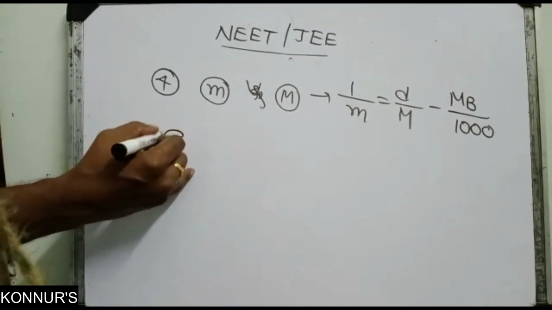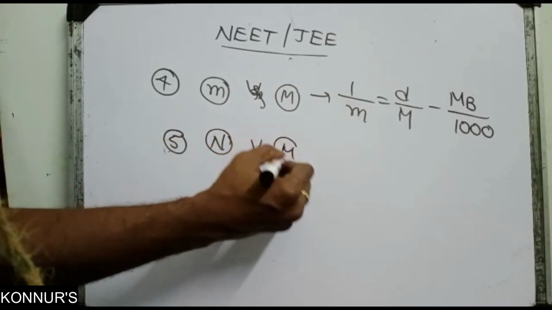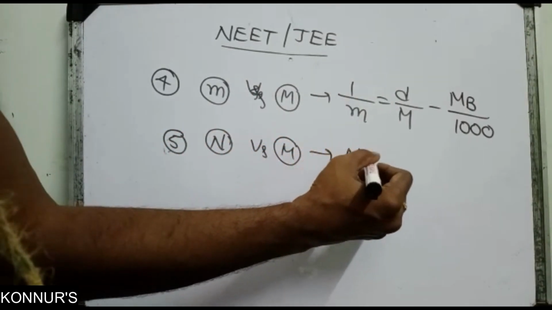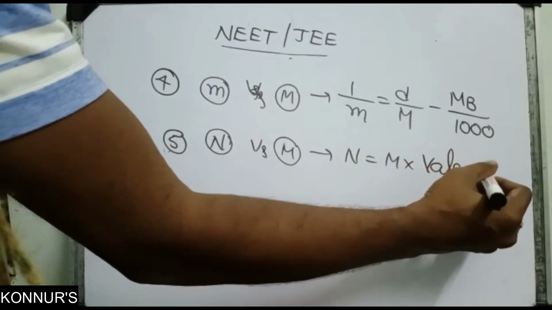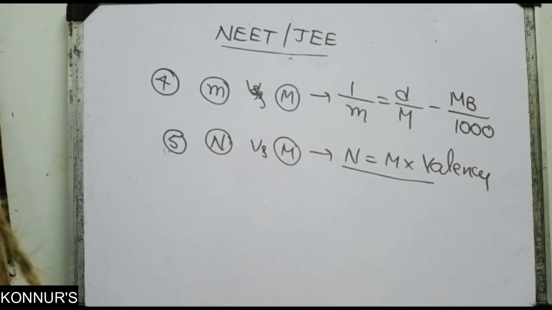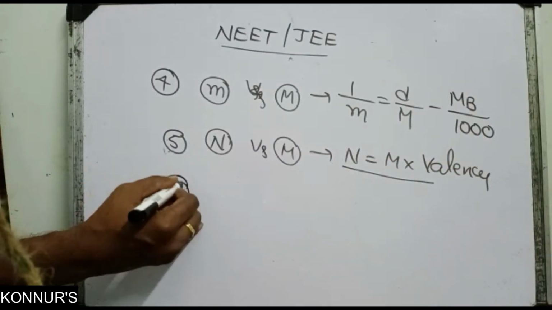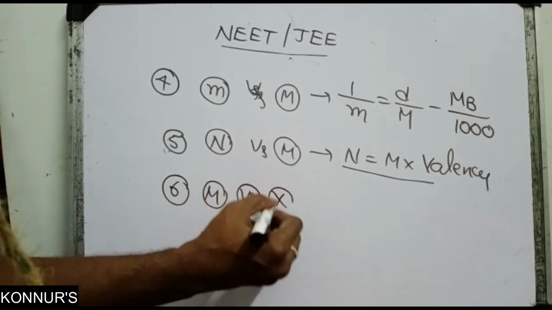Next, normality versus molarity formula. Normality equals molarity into valency number. Next, molarity capital M versus mole fraction.